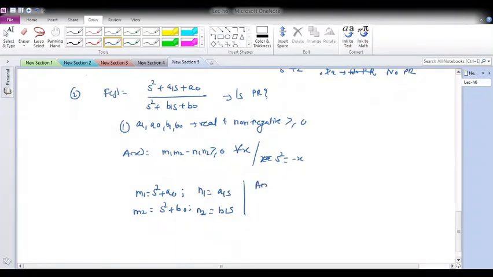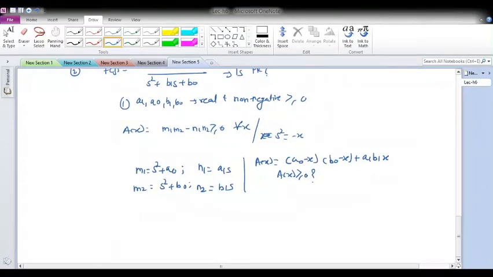So your a of x will be a0 minus x and b0 minus x, and this will be minus a1 b1 s square, meaning it will be plus a1 b1 x. Now test whether a of x is greater than or equal to 0 or not. To test it, let us solve first.